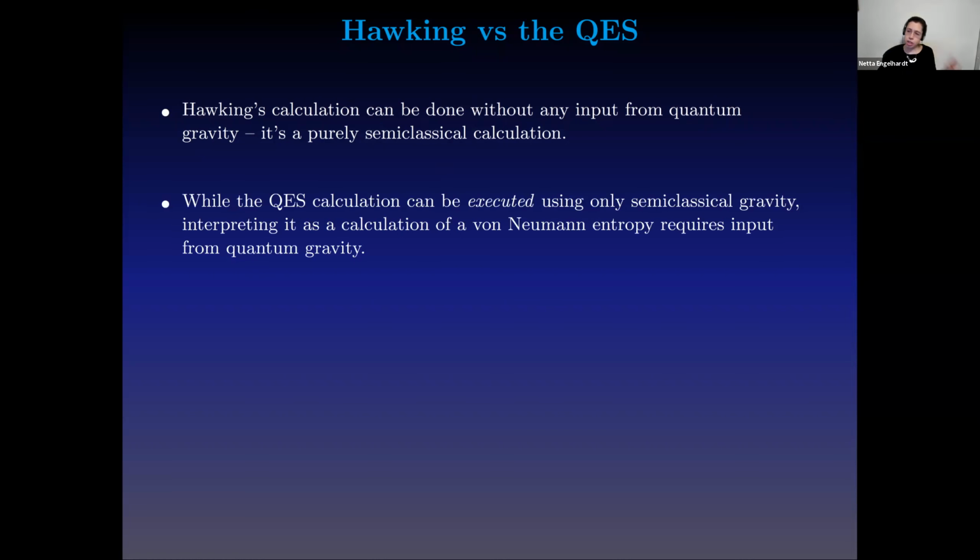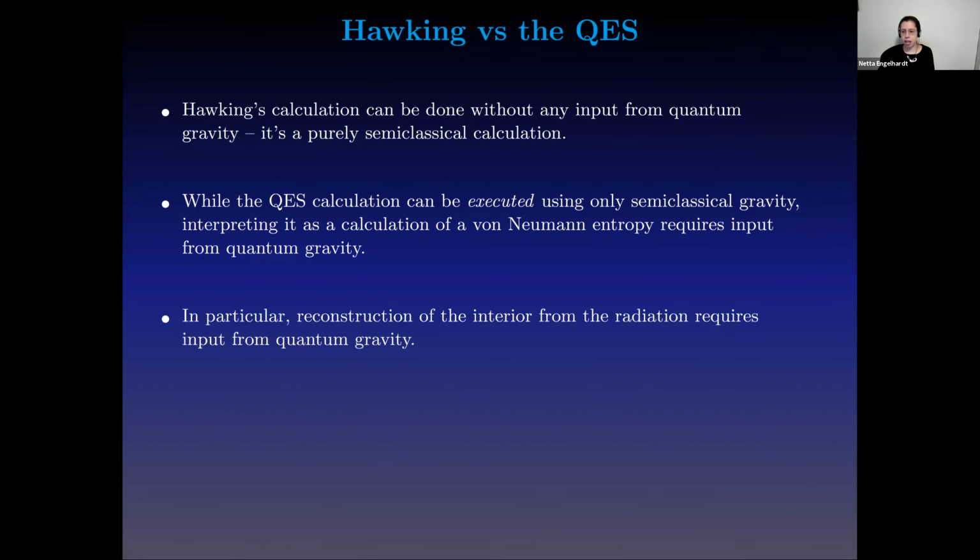One distinction with the quantum extremal surface formula is that while the quantum extremal surface calculation can be executed using tools from semiclassical gravity, areas, entropies of quantum fields propagating on a curved spacetime, the interpretation of it as a calculation of a von Neumann entropy, of a fine-grained entropy, actually requires input from quantum gravity, either via the AdS/CFT correspondence or via the gravitational path integral.